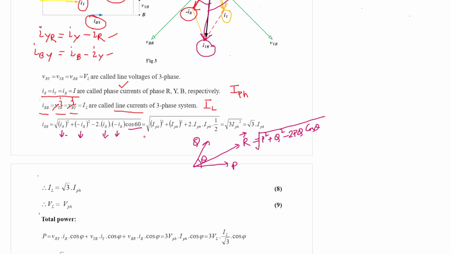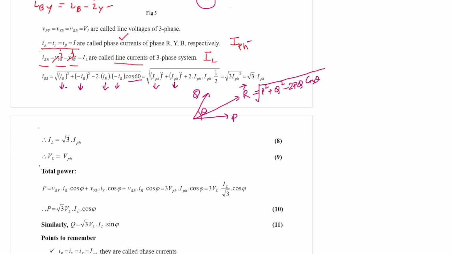So if you substitute this value, IR and IB are all phase quantities, so they are substituted by I phase, which is phase current, and if you substitute cos 60 equal to half, we get root 3 times I phase.